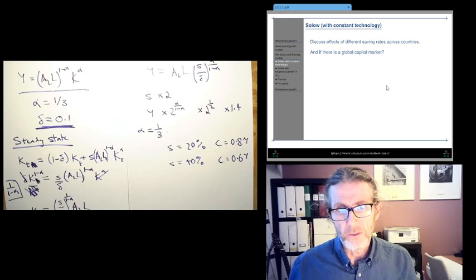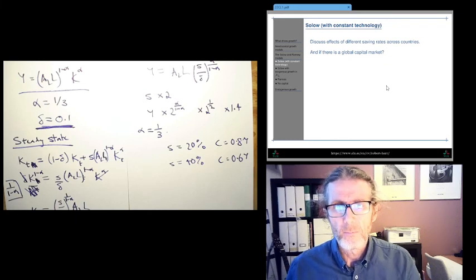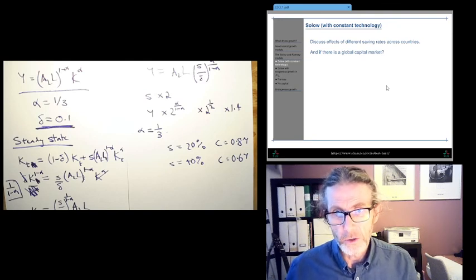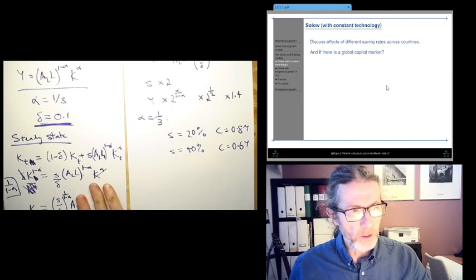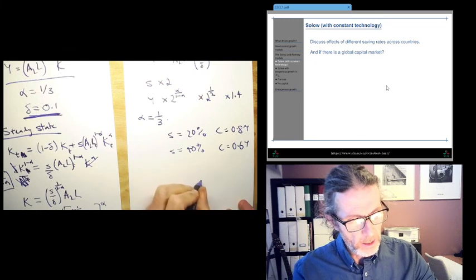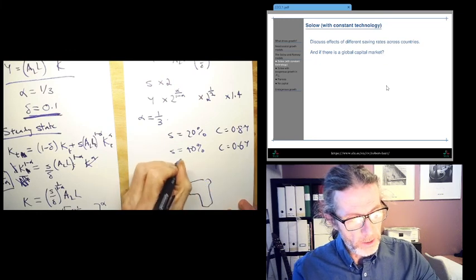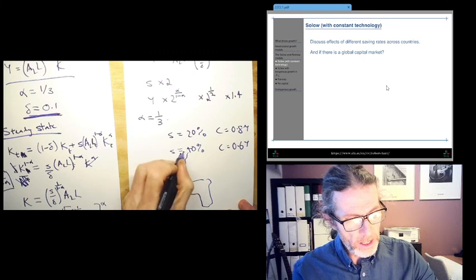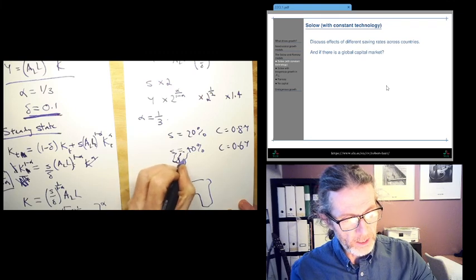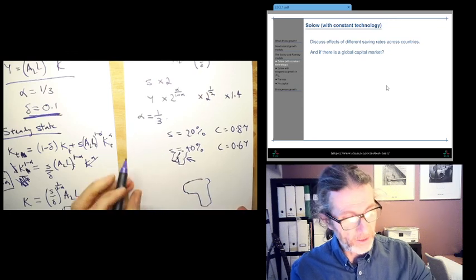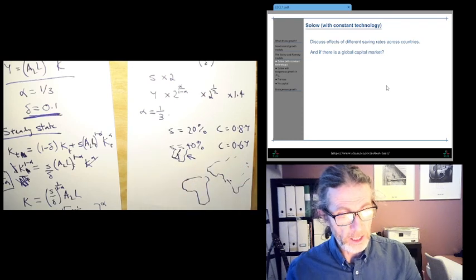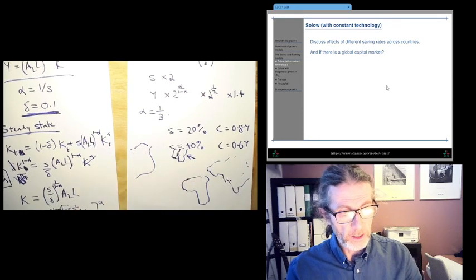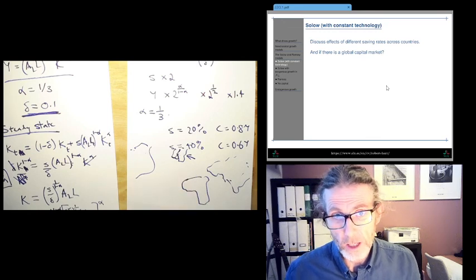It's telling us that differences in saving rates hardly have any effect on GDP, long run GDP, in this model, which is telling us that the model is completely failing to explain differences in GDP between countries like Sweden and certain other bunch of other countries dotted around the world. Okay, it's completely failing to explain the differences in GDP between countries.